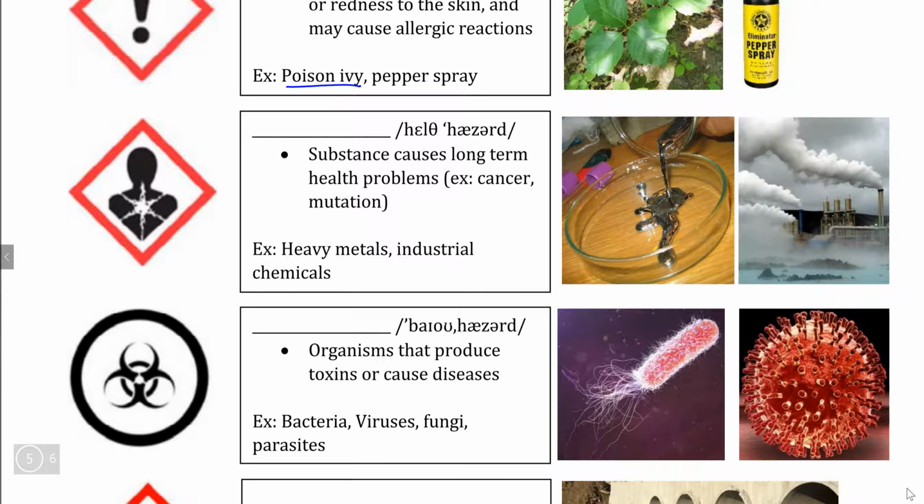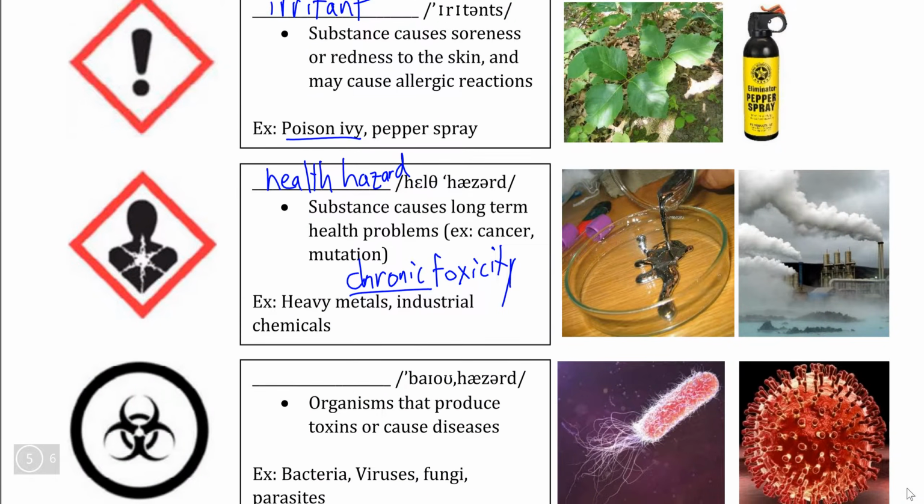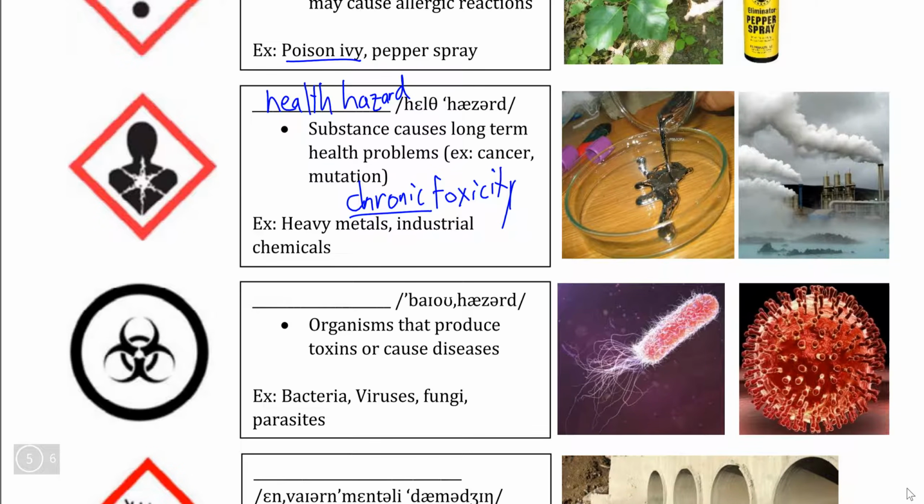This is a new symbol which indicates the presence of a health hazard, and the other word that is used in place of health hazard is what we call chronic toxicity. So here we see the word toxic being used again. So whereas poisons are acute toxicity where the substance causes harm almost immediately, health hazards cause damage over a much longer term.